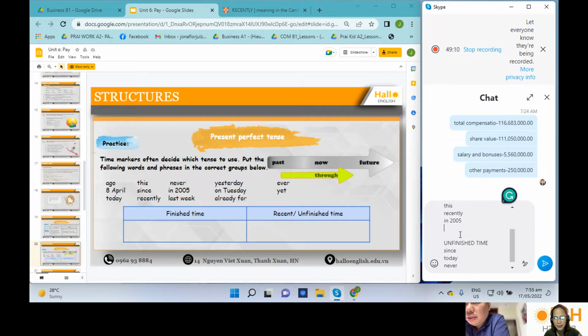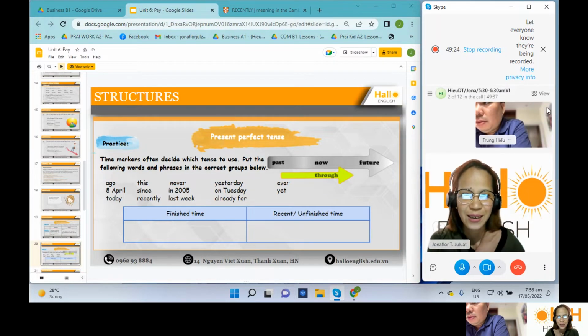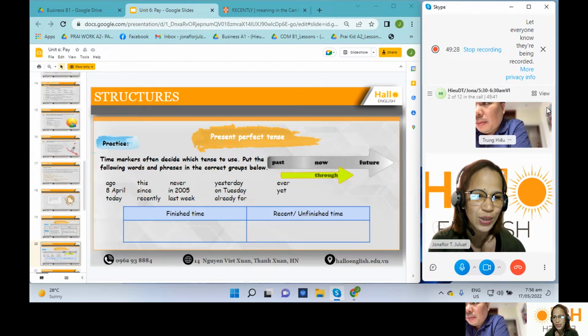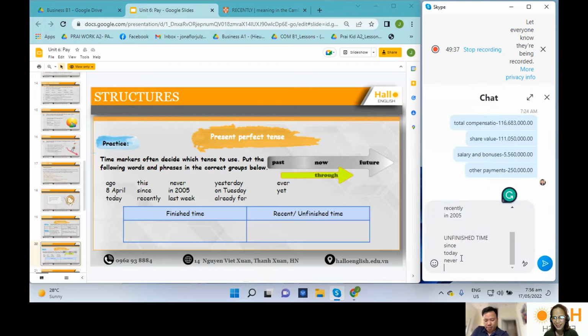On Tuesday. From the word on, is it finished or unfinished? Because when it is finished, you will use last Tuesday, right? So on Tuesday, it's unfinished, right?